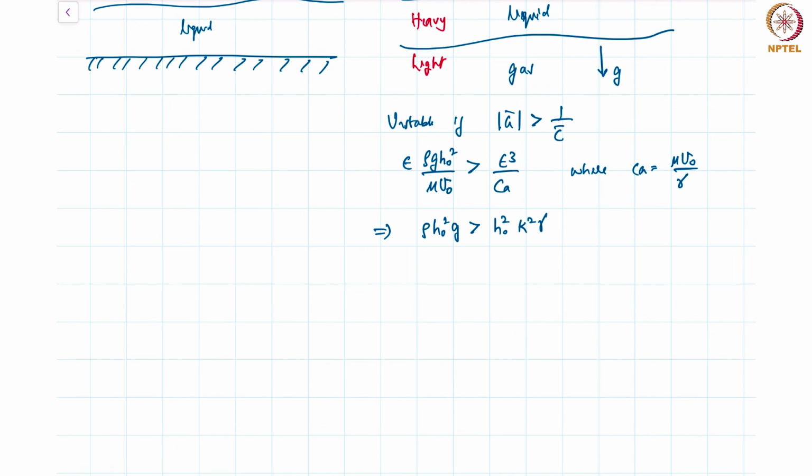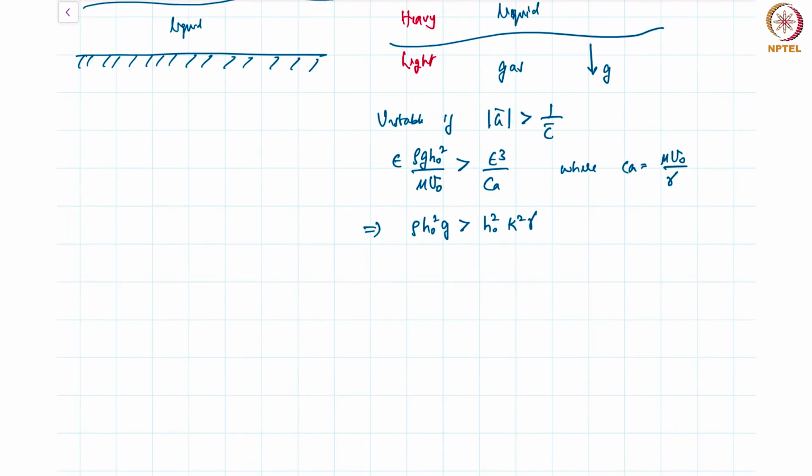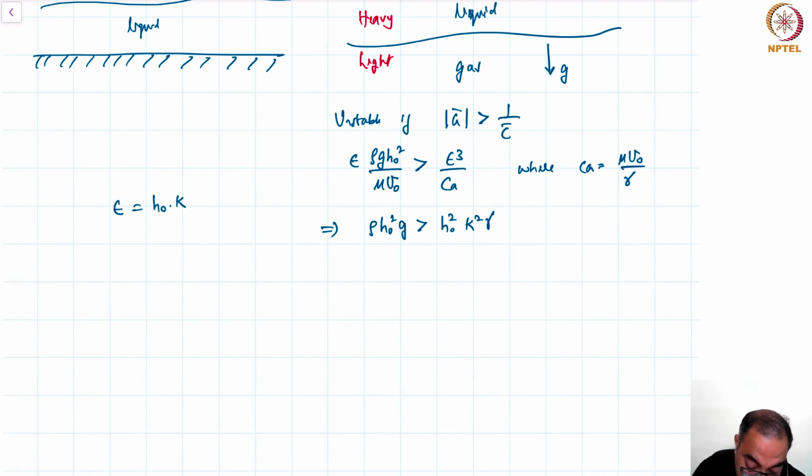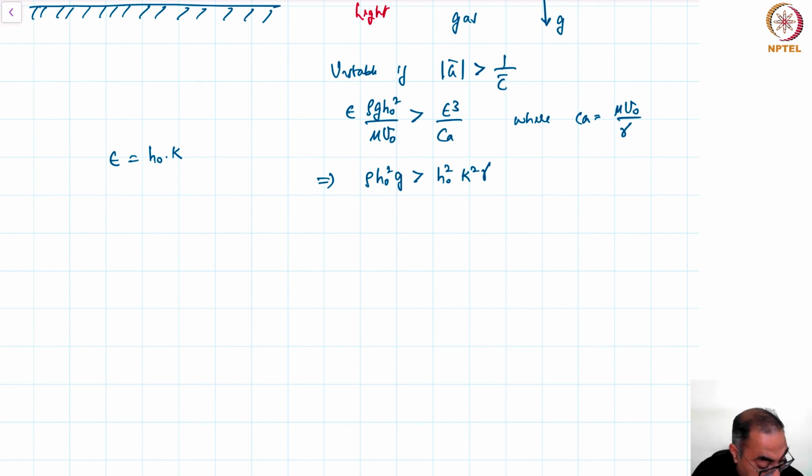Here I used the expression for epsilon as H naught by lambda, or H naught times K. That's the expression for epsilon that has been used.